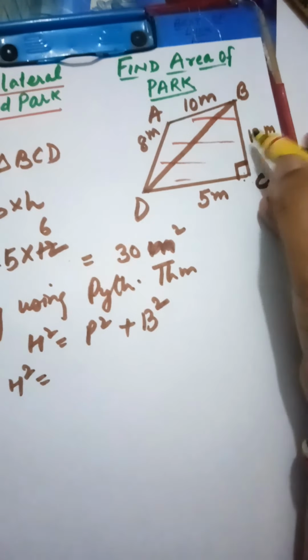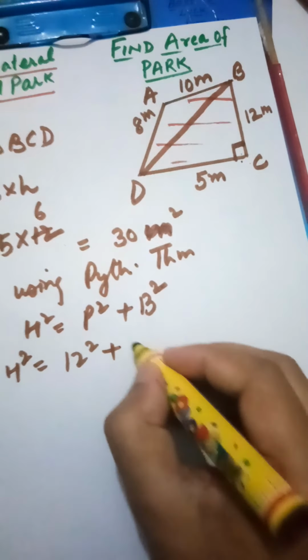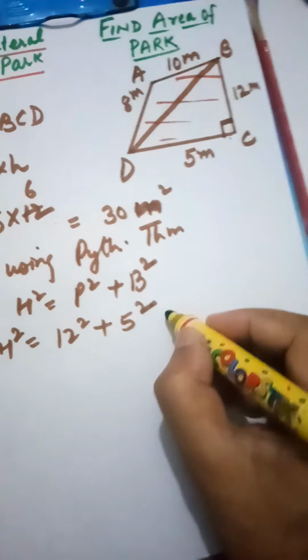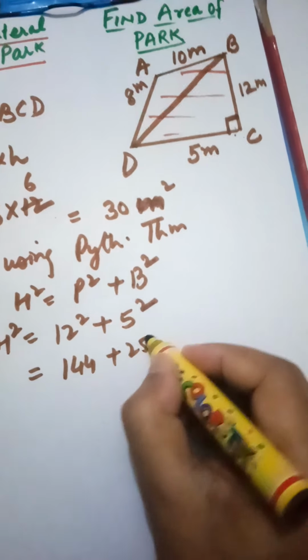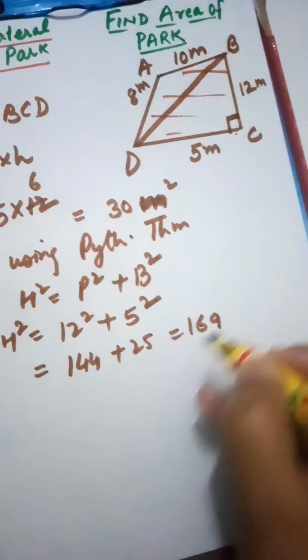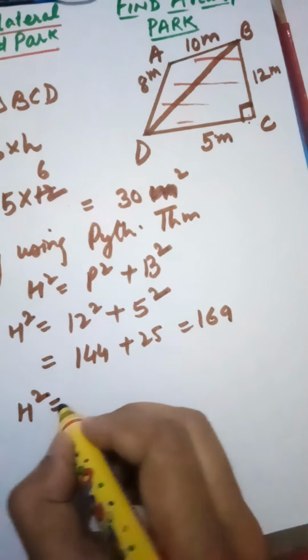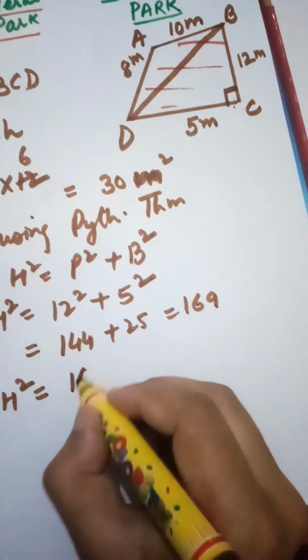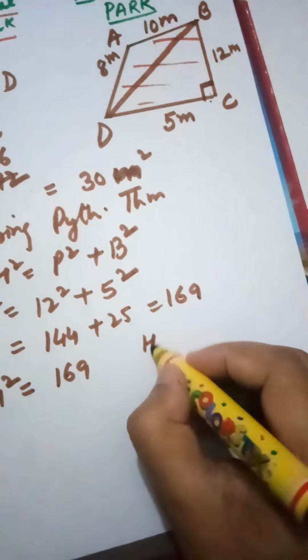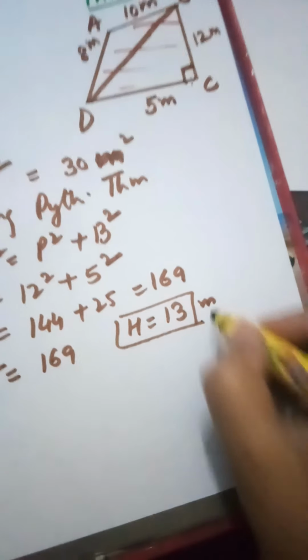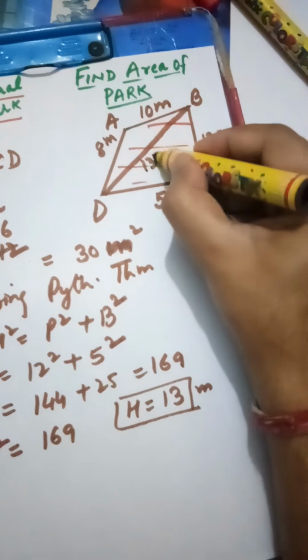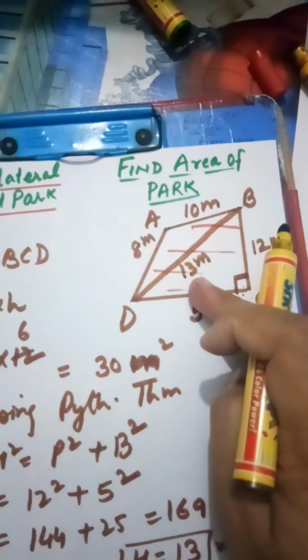Perpendicular is 12 square, and base was 5 square. So in this way it is 144 plus 25, which is equal to 169. And you know very well that 169 is a perfect square. It is the square of 13. So hypotenuse is 13 meter. So we have got our third side also, 13 meter.